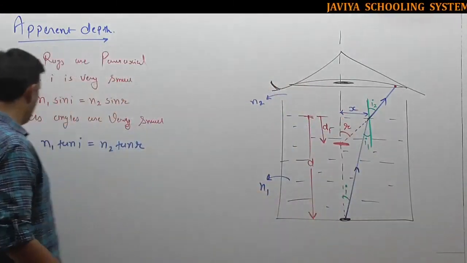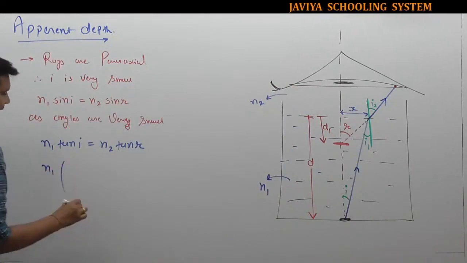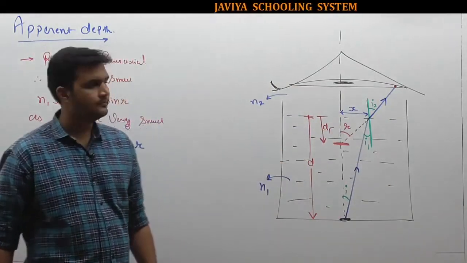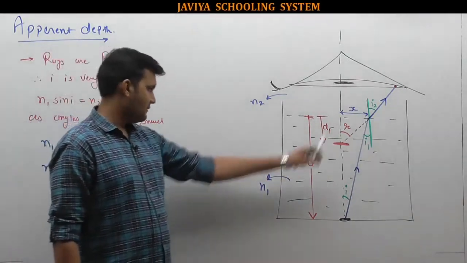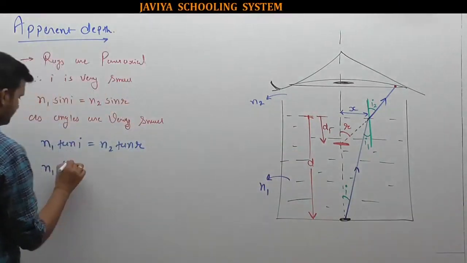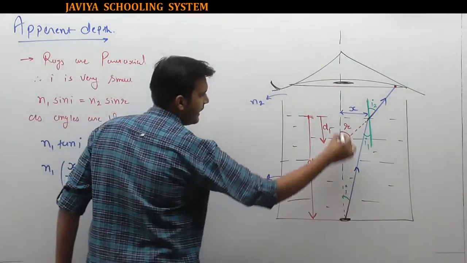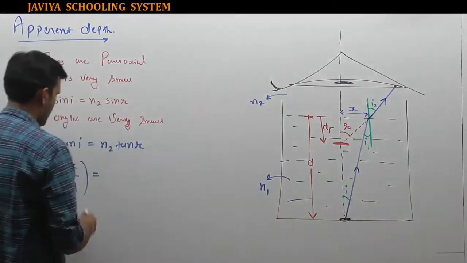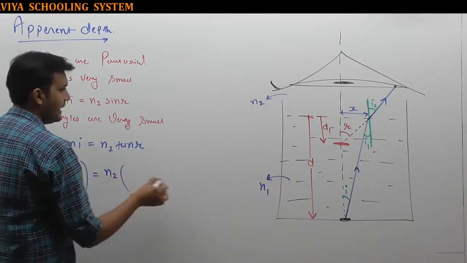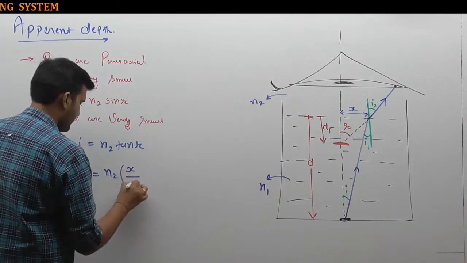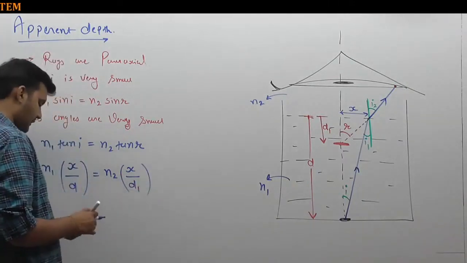Define. So N1 into tan I. What is tan I? Adjacent upon nearer. So x upon d. And N2 into tan r, so x by d1, that is x upon d1.